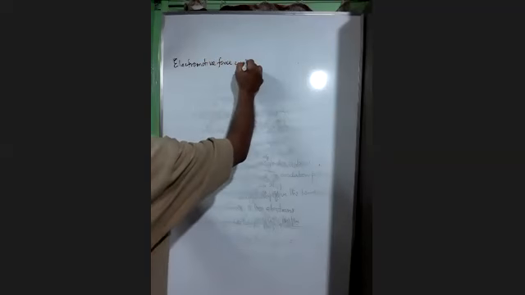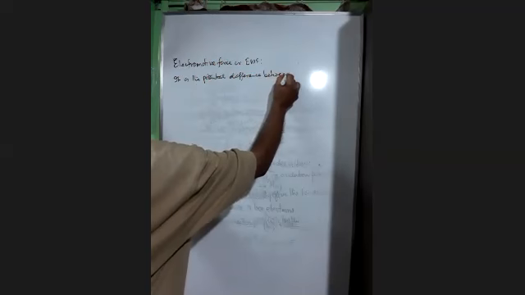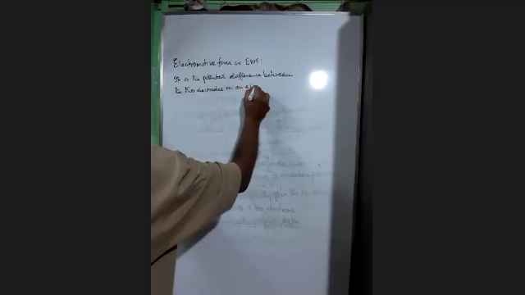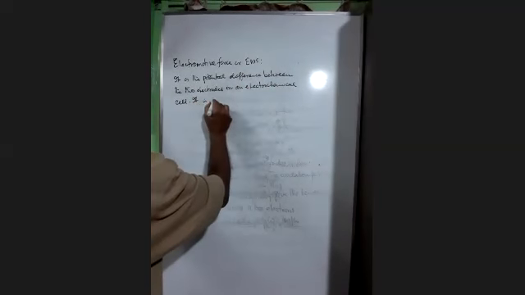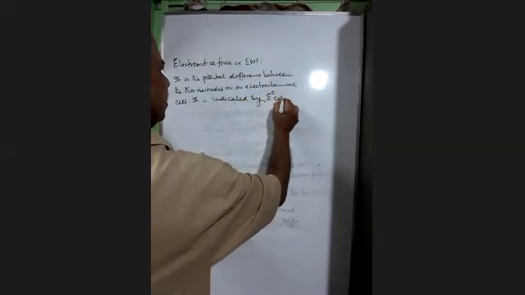Electromotive force or EMF: it is the potential difference between the two electrodes in an electrochemical cell. It is indicated by E0 cell.